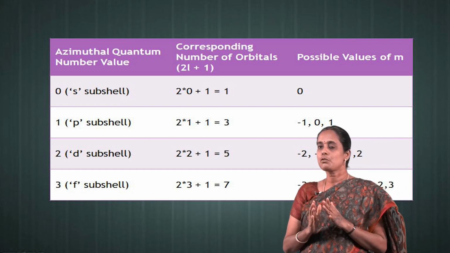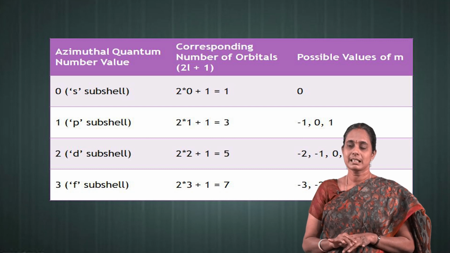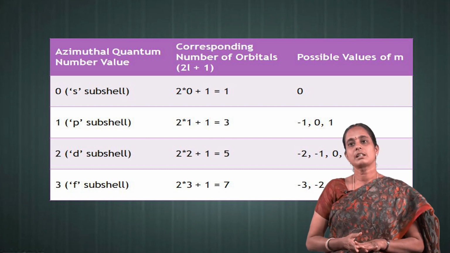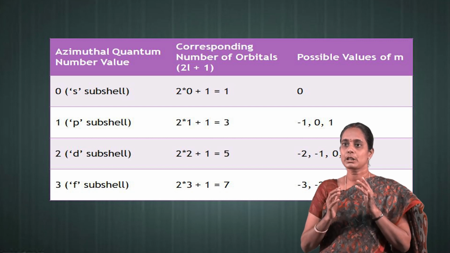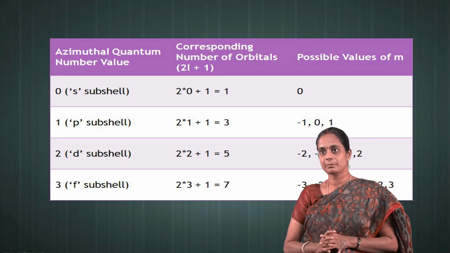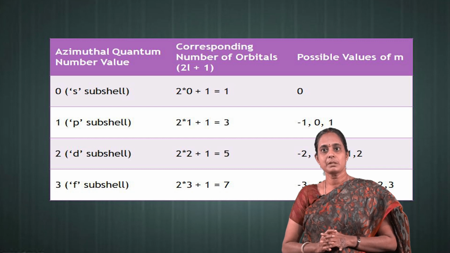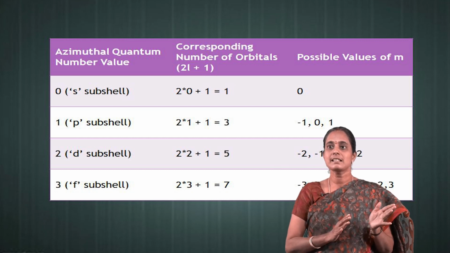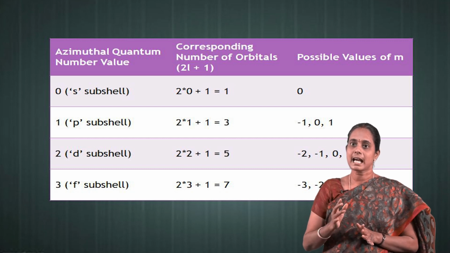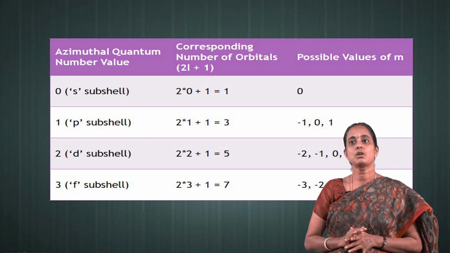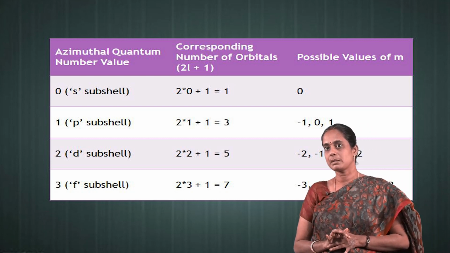The value of magnetic quantum number is dependent on the value of azimuthal quantum number. For a given value of l, the value of m ranges from -l to +l.